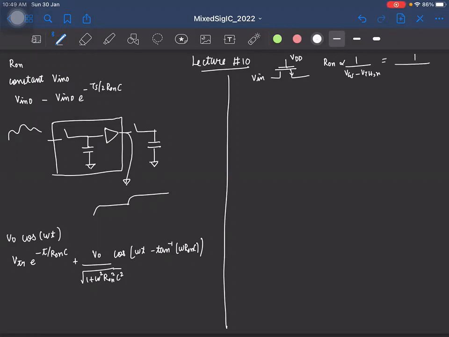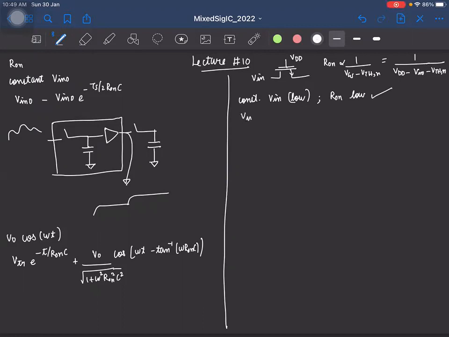This in turn is equal to VDD minus Vin minus VTH, right? So for a constant input that is close to 0, if I say it's low, the on resistance is also low, right? This can be used as a good switch in that case.